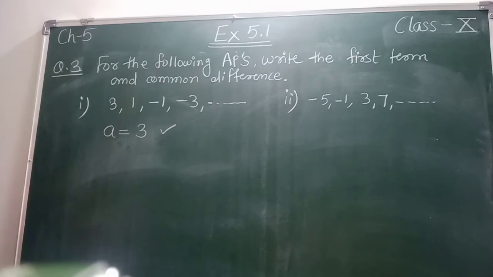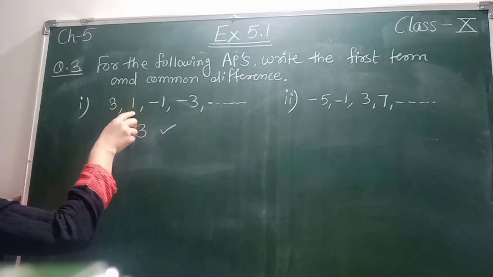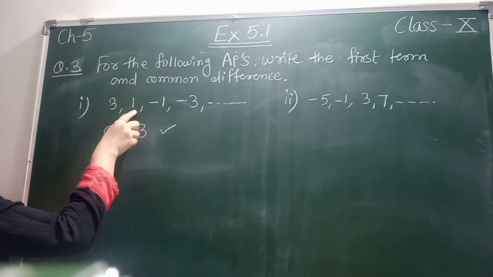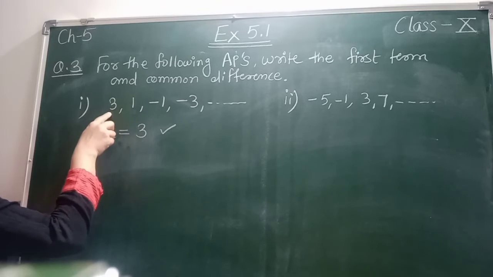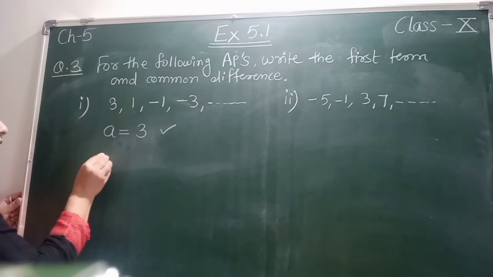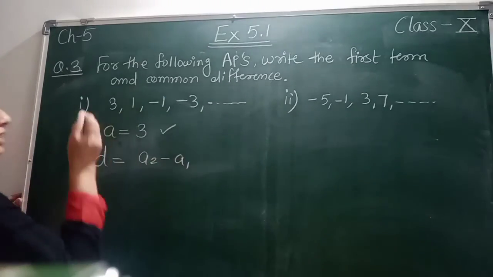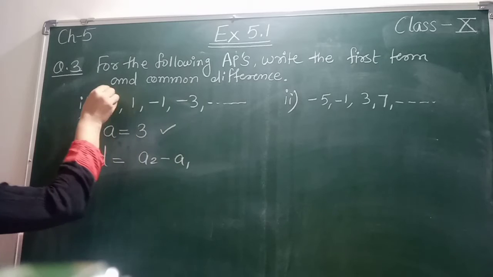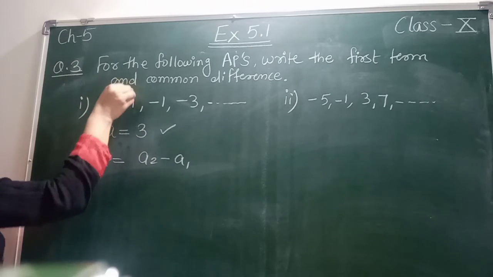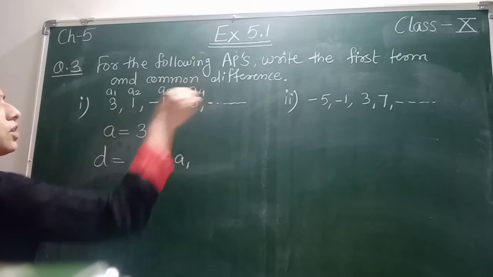Now we have to find the common difference. It means the value of d. Student, as we know, if we subtract the first term from the second term, we will get the common difference. So here, your d will be a2 minus a1. In this series, this one is your first term, this one is your second term, this one is your third term, and this one is your fourth term.